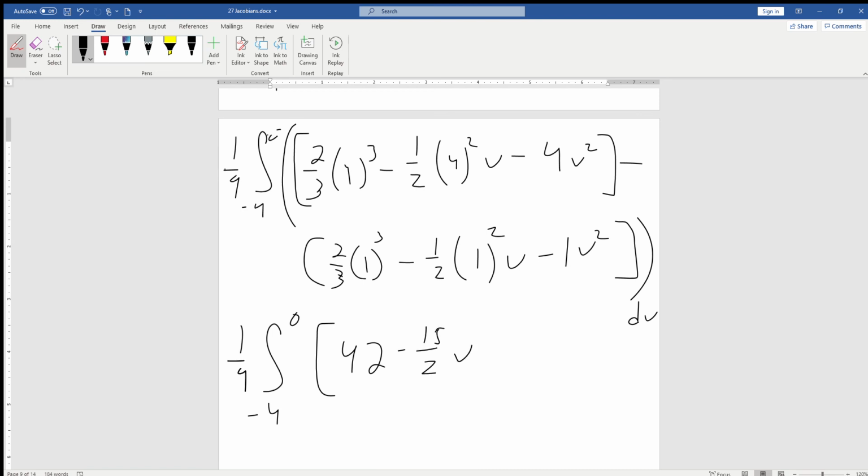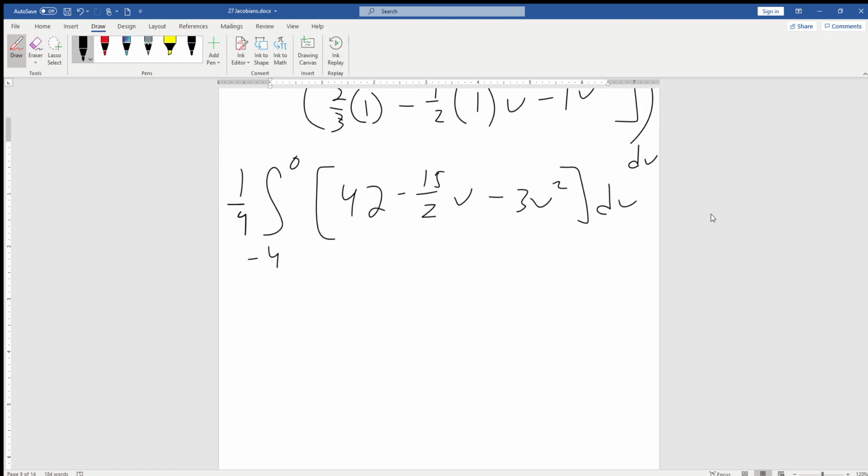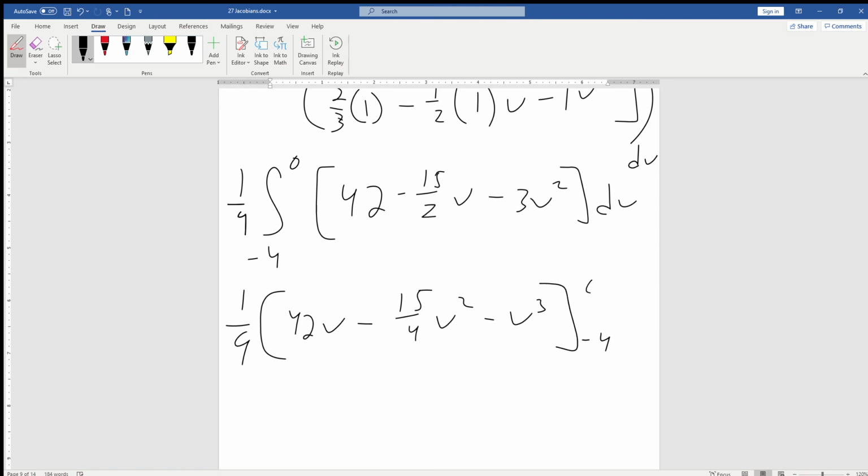And then finally, we have negative 4v squared plus 1v squared, so this should turn into a negative 3v squared. And then we still have dv here. This shouldn't be too bad. So now we have 1/9 times 42v minus 15/4 v squared minus v cubed, from negative 4 to 0.